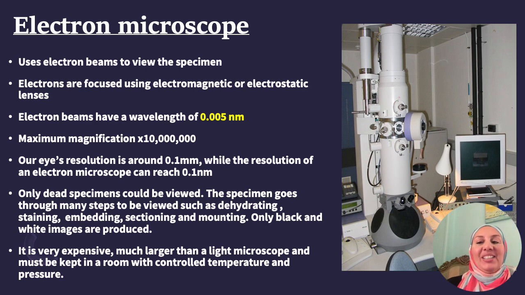This is what we can do by artificially coloring it using computer programs. It is very expensive. Yes, it is. We're talking millions of whatever. Anyway, it is much larger than the light microscope, and it must be kept in a room with controlled temperature and pressure. That's why you don't find it easily.